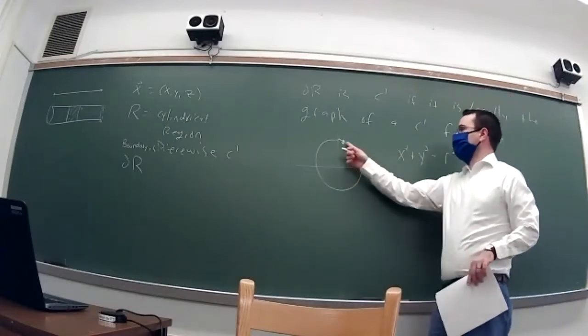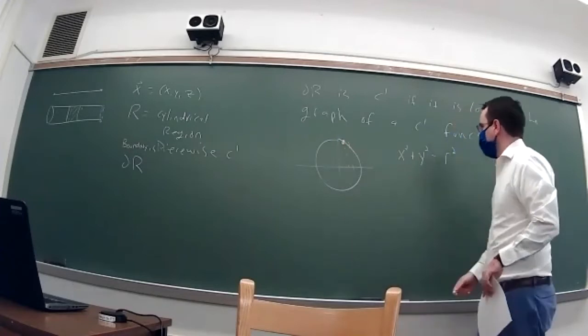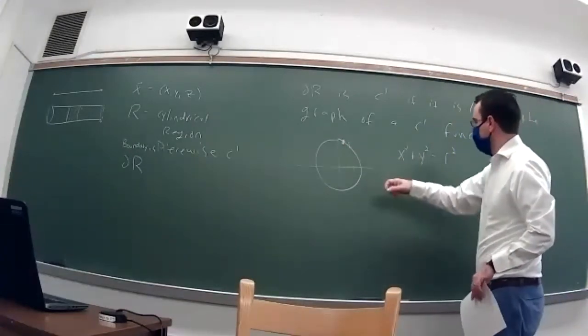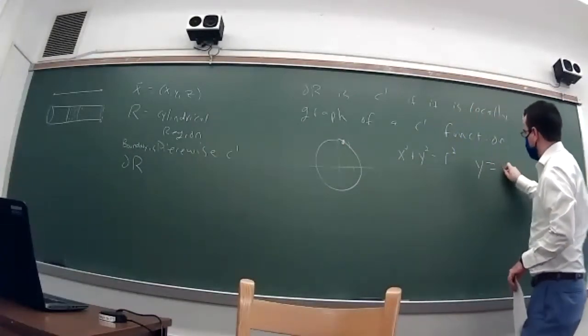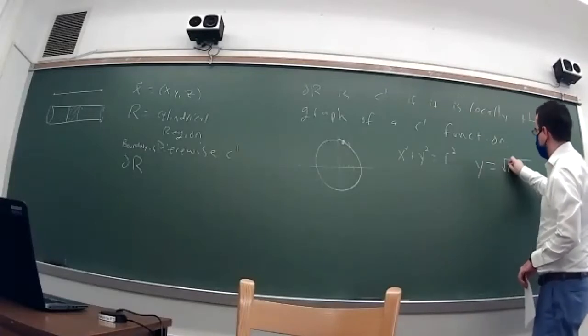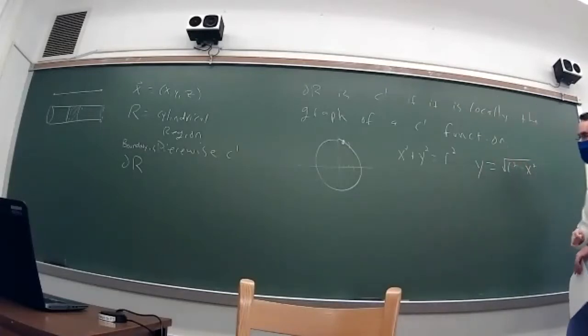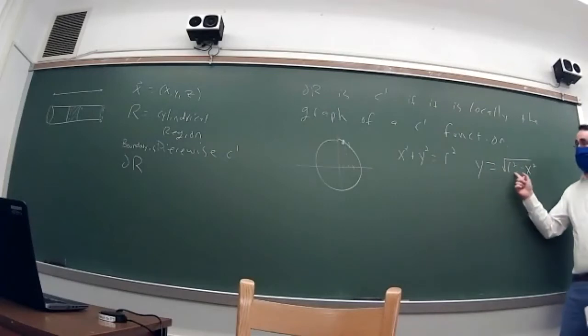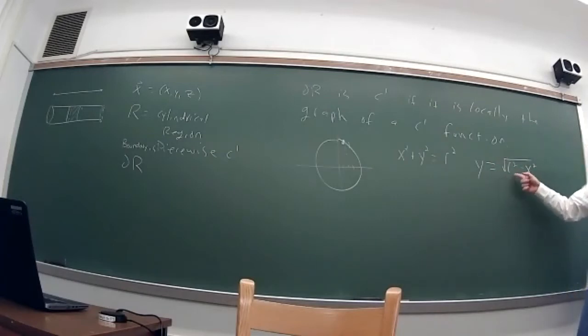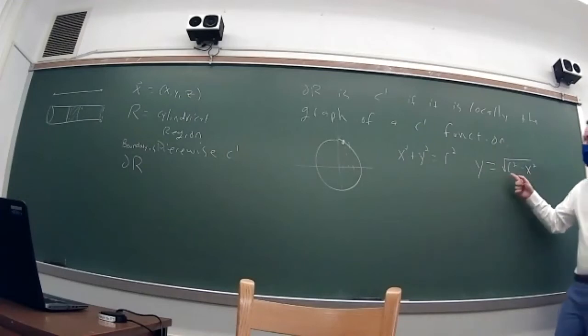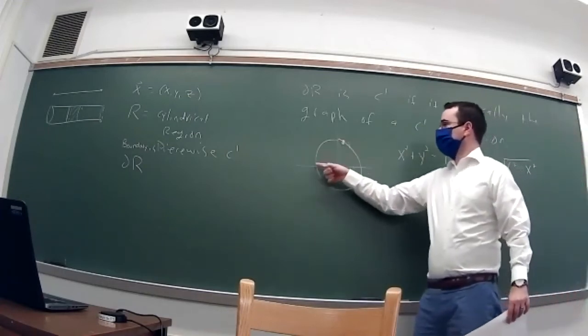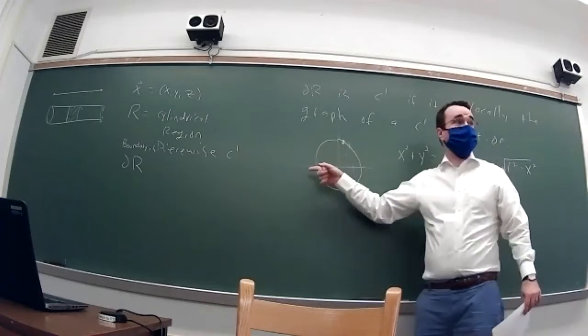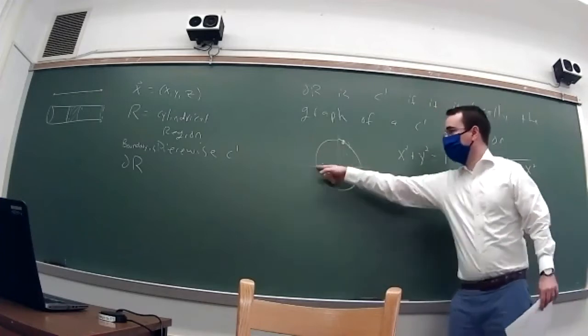And then you can write y as a function of x: y equals the square root of r squared minus x squared. But this formula is not the whole circle. The graph of this is the upper part of the circle without these two points.